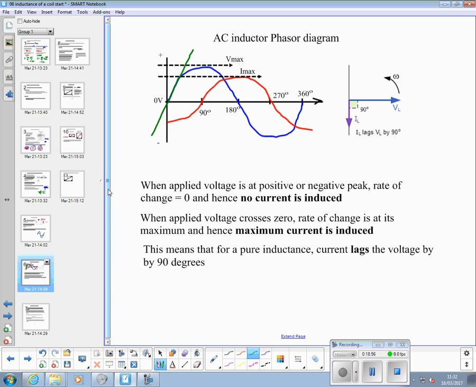Therefore, we get the biggest induced EMF and the smallest current. Here, it's not changing at all. What it causes is this current here, the red one, to be 90 degrees behind, or lagging, the voltage we're applying.